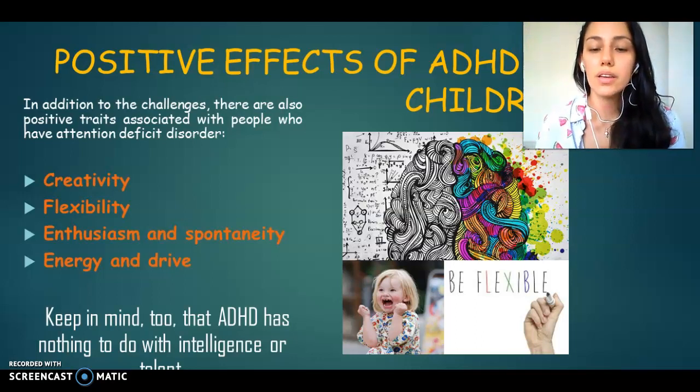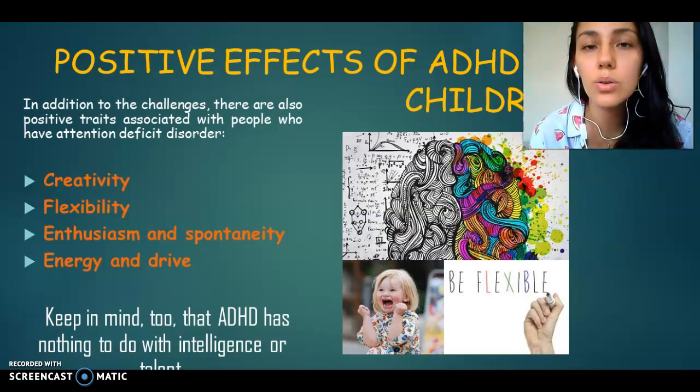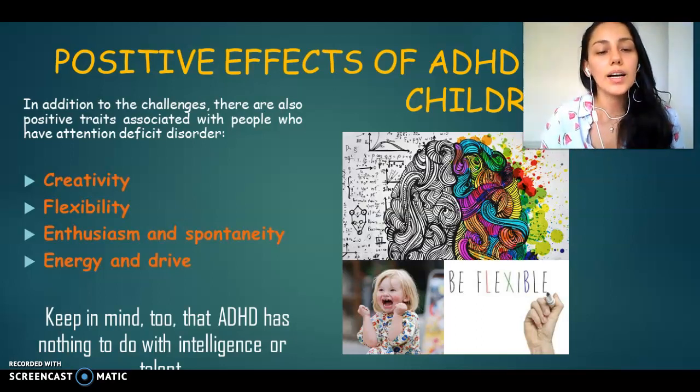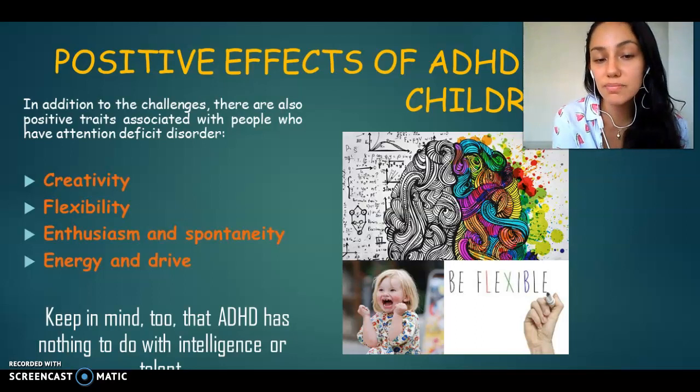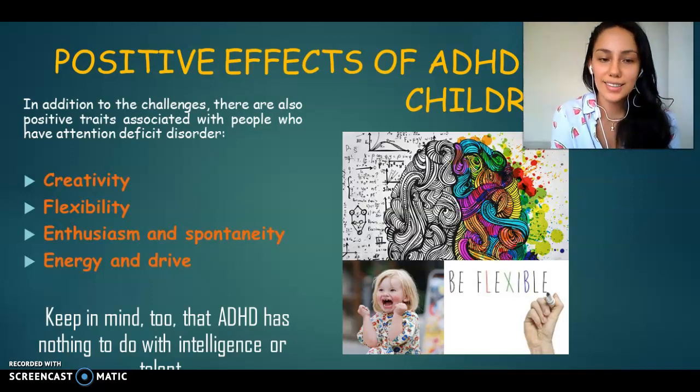Also, they experience more obstacles in their path to success and more challenge in school than the average students. Keep in mind, too, that ADHD has nothing to do with intelligence or talent.